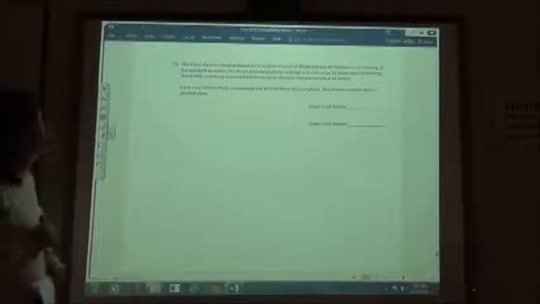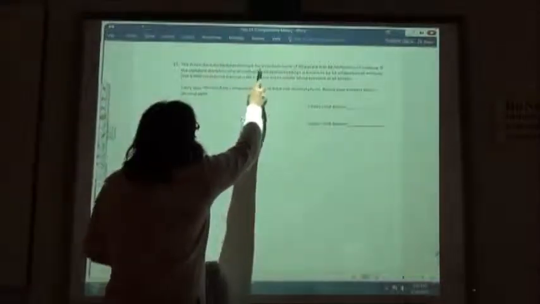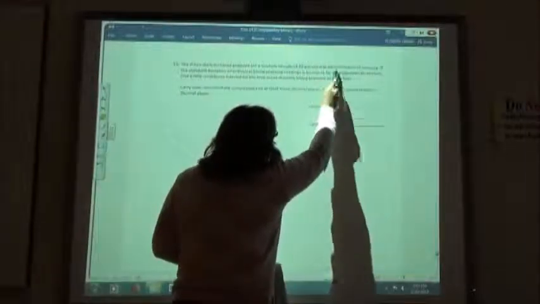The 80 is which value? The n value. What's the x bar value? The x bar value is the mean, which it says is 88, right? It says the mean diastolic blood pressure for a random sample of 80 was 88.